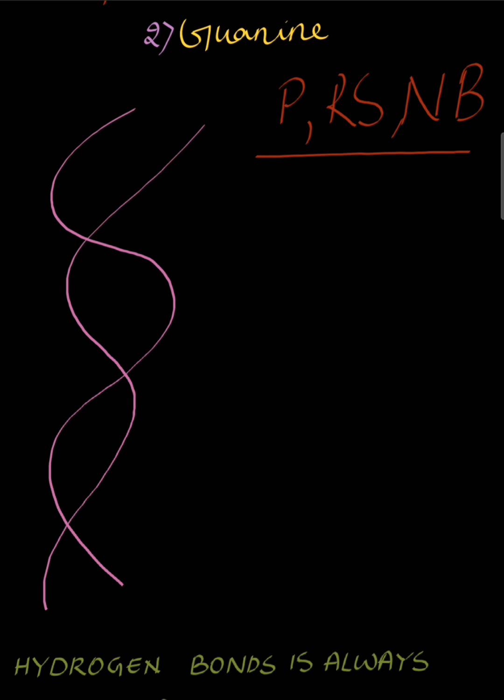Now, when we see this double helical structure of DNA, we all know that we have seen in pictures and in textbooks and diagrams that there is a bond present out here, like a line present out here, right? So what exactly is this line? This line is the hydrogen bonds.